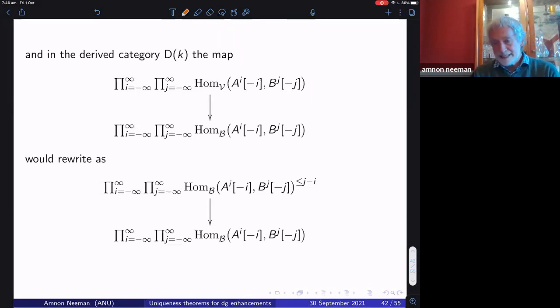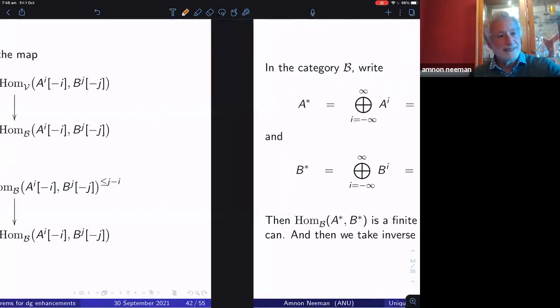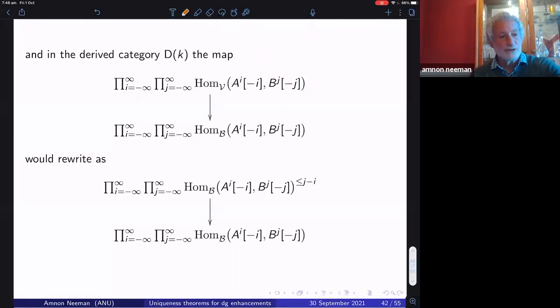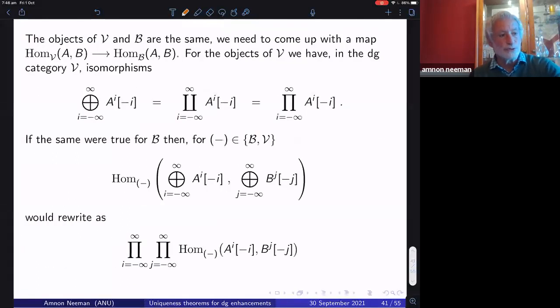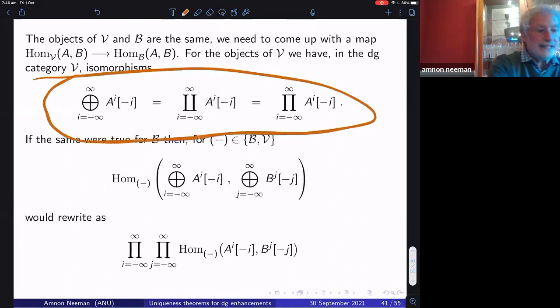Then there's the technicality. As I said, the products and coproducts in the derived category aren't the same. So in the derived category, it's not true. This isomorphism is true in V, but not in B. So in B, you have to be more careful.